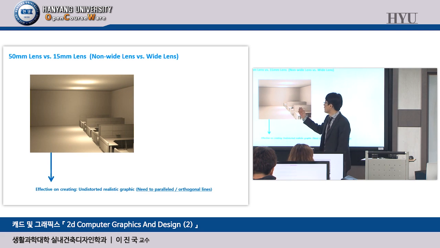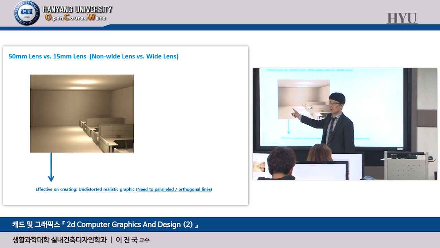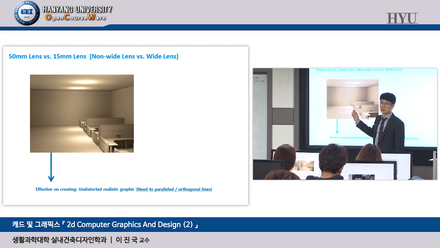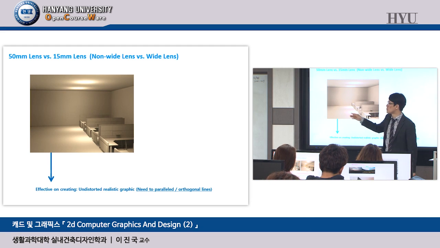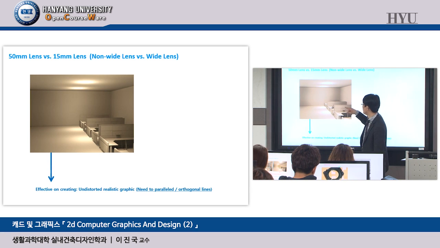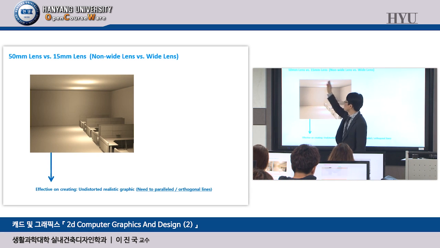If you see this picture, it's not easy to see the depth of the space. In other words, it's not looking so special, okay? But at least you can find some objects defined, taken at this angle.